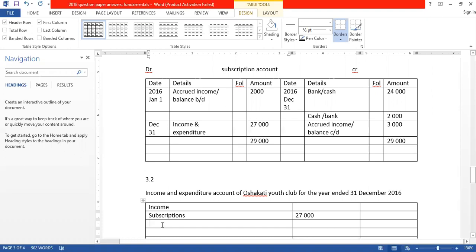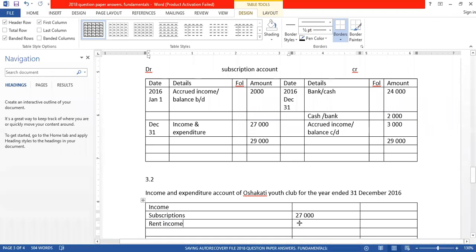Okay. So what other income are we given there? Looking at this, we have receipts for renting of park, so we actually have rent income, of 1,000.